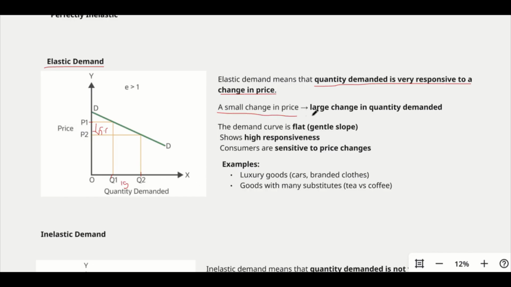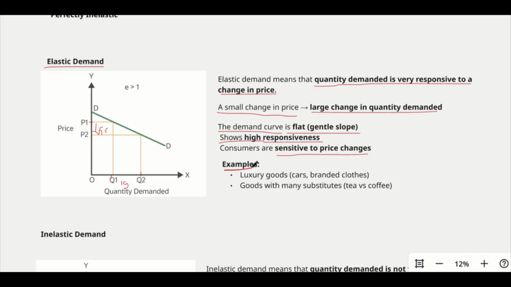So a small change in the price means a larger change in the quantity demanded. That is what we call elastic demand. The demand curve is flat with a gentle slope, and it has high responsiveness to the price change. Consumers are sensitive to price changes. Likewise, when the price increases, the quantity will decrease by much larger amounts.